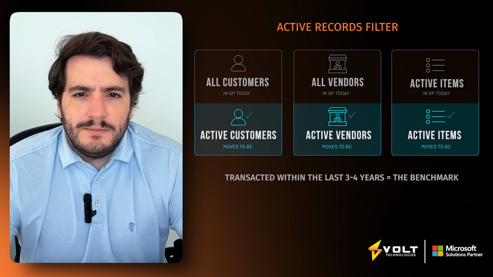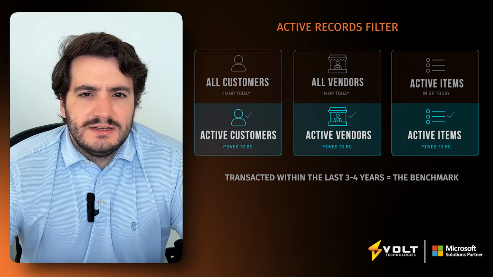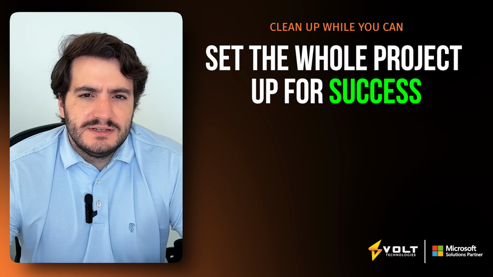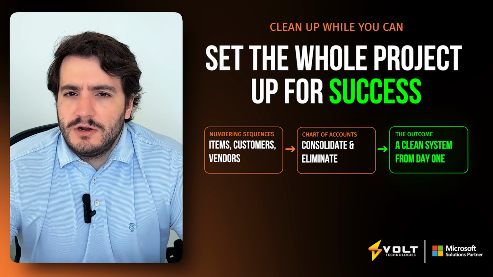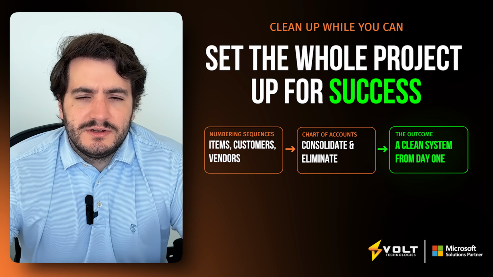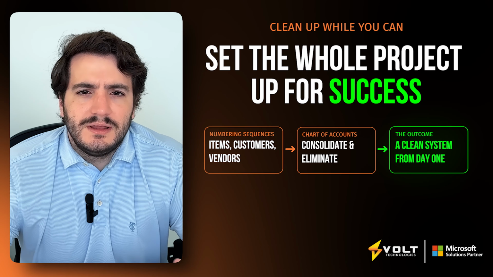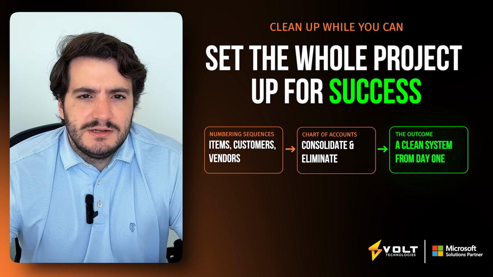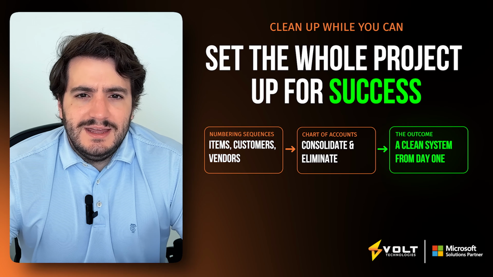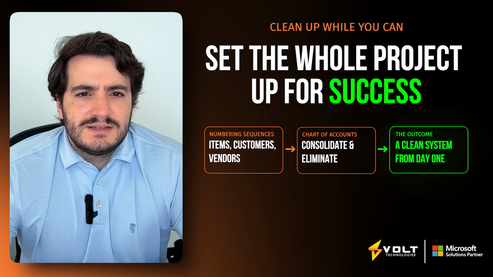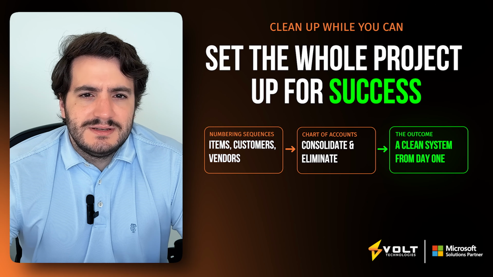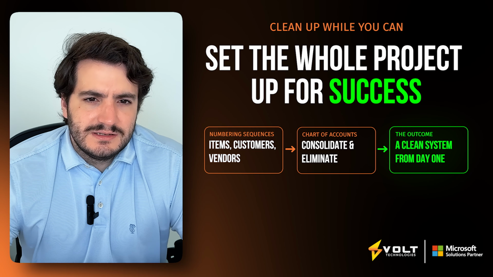Additionally, we can go through processes of changing the numbering sequences on items, customers, and vendors. The chart of accounts is a great place as well to clean up. Maybe there are accounts that we've been wanting to get rid of, consolidate, or eliminate, or even change our numbering sequence. So the data migration is going to be a key aspect of the project and something that we're going to spend a lot of time on, since it sets us up ultimately for success.